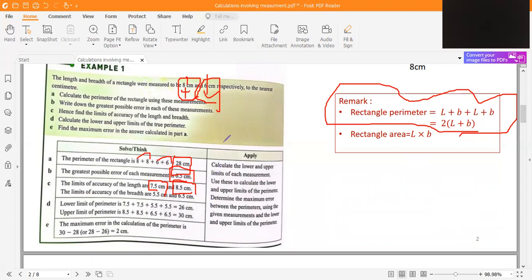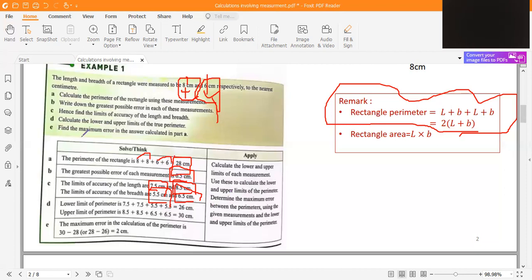In the same way, we evaluate the limits of accuracy of the breadth. We have 6. We subtract the greatest possible error, which is 0.5. 6 minus 0.5 equals 5.5 as the lower limit, and the upper limit equals 6 plus 0.5, which is 6.5 centimeters.